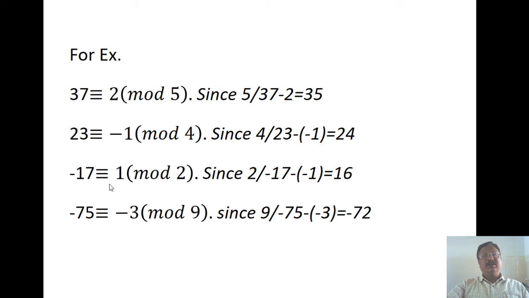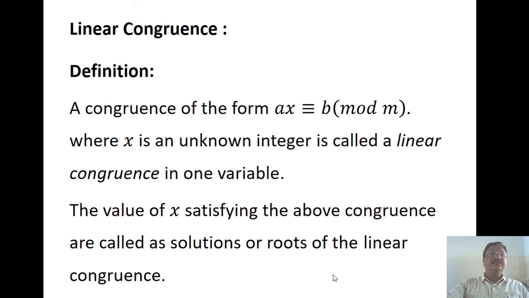Minus 17 is congruent to 1 mod 2 because 2 divides minus 17 minus 1, that is minus 16. Minus 75 is congruent to minus 3 mod 9 because 9 divides minus 75 minus of minus 3, that is plus 3, and it is minus 72.